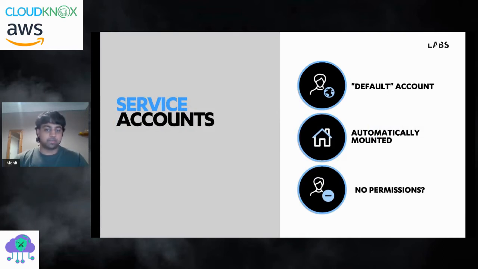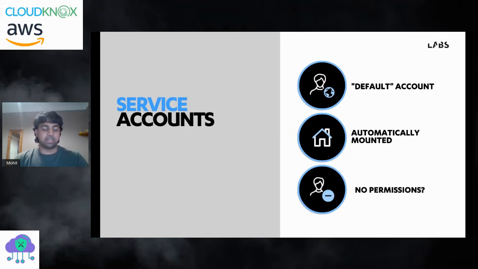So with service accounts in Kubernetes, when you create a new namespace, which is the way people tend to do segregation, a new default service account is created within that namespace. This default service account is automatically mounted into every pod within that namespace by default. Now, this service account does not have any permissions directly applied to it. However, if it's in any groups, then it would have those permissions as well.